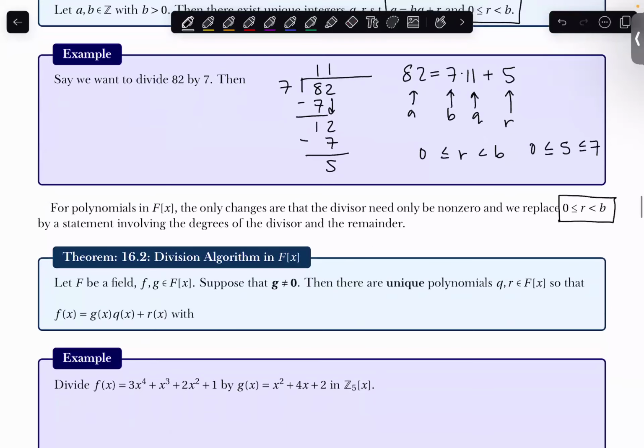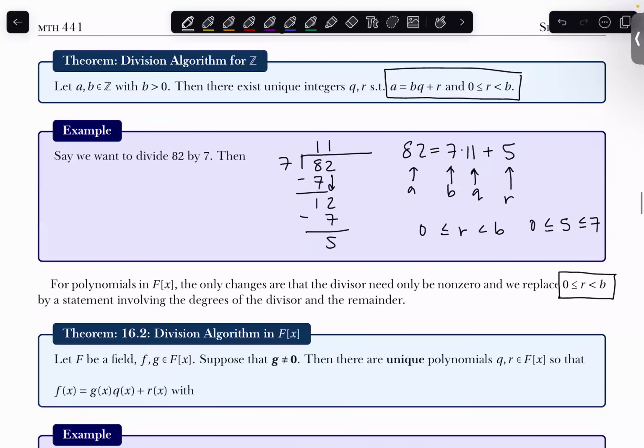Okay, so if we have a field F and we take 2 polynomials from the polynomial ring where F is my coefficients, so I'll take little f and little g, and I want to take g to be a non-zero polynomial. I could have technically done negative numbers here, but it just makes it nicer to work with positives.